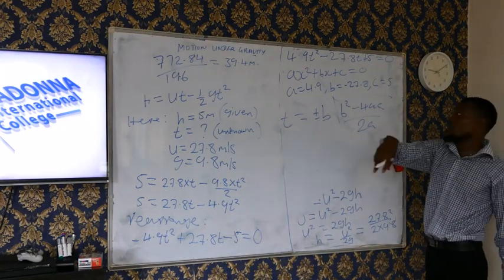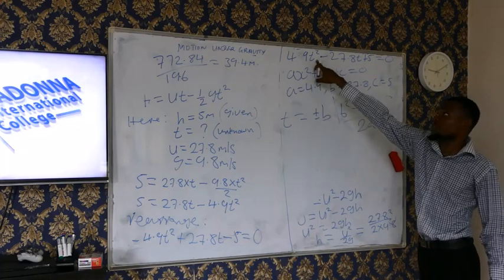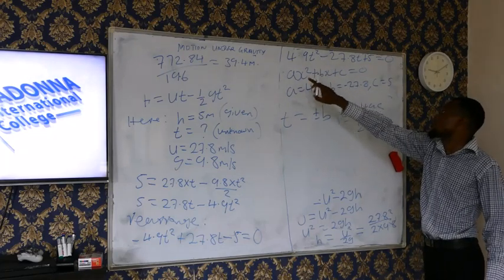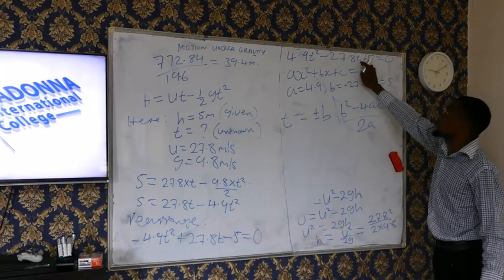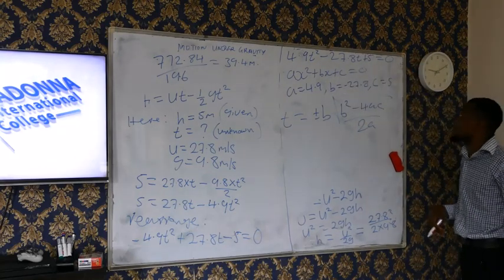You've been able to identify the coefficient of x squared. So in this case, it's going to be the coefficient of t squared, which is a, the coefficient of t, which is 27.8, and of course, a constant, which is 5.